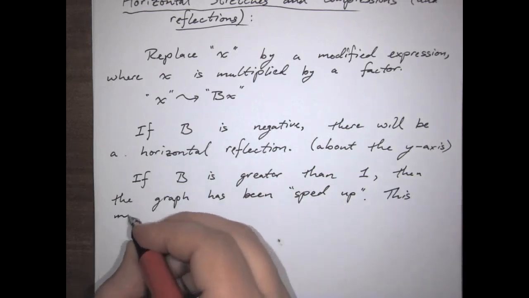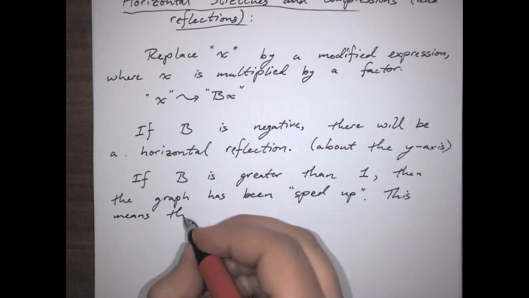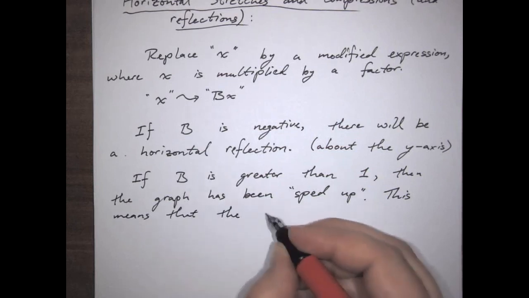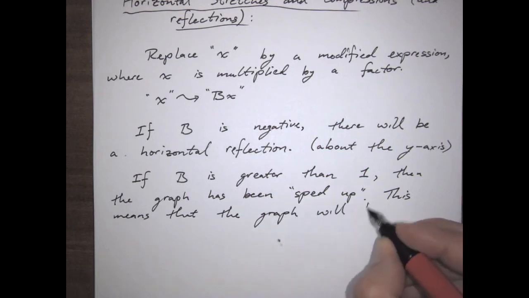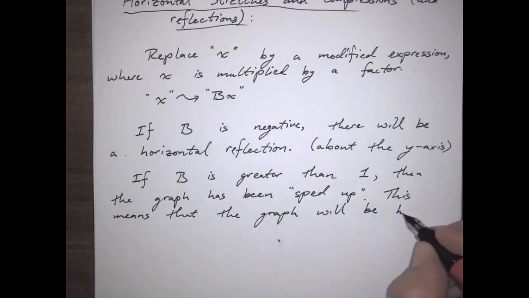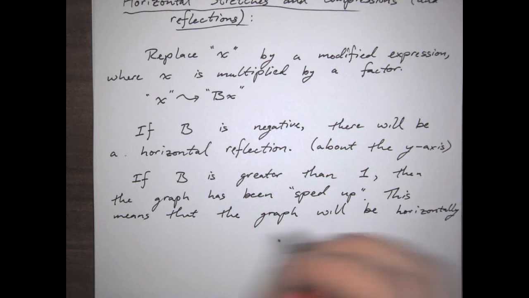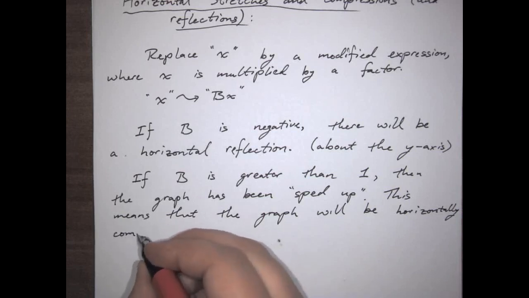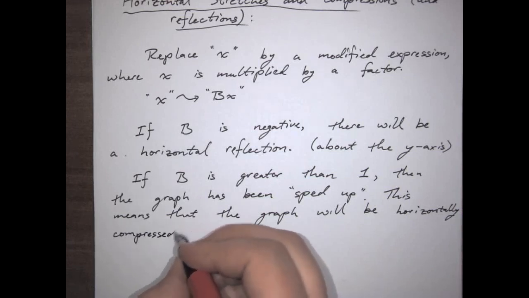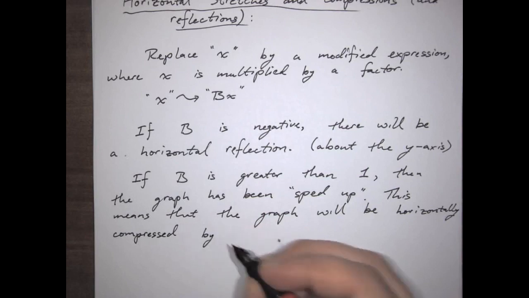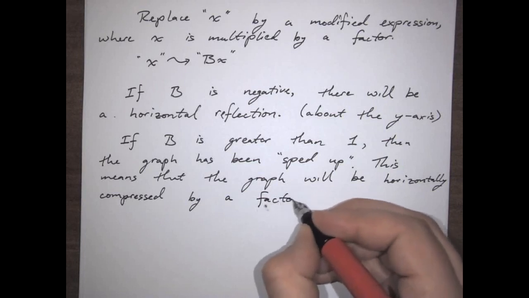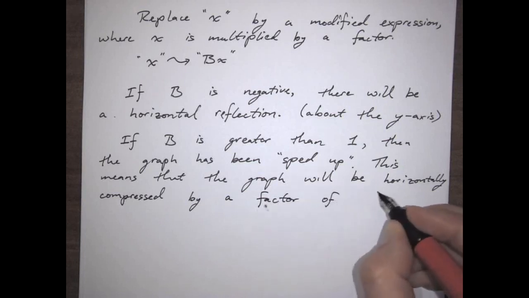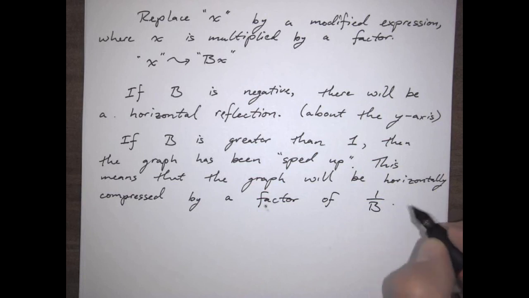This means that the graph will be horizontally compressed by a factor of 1 over whatever b is.